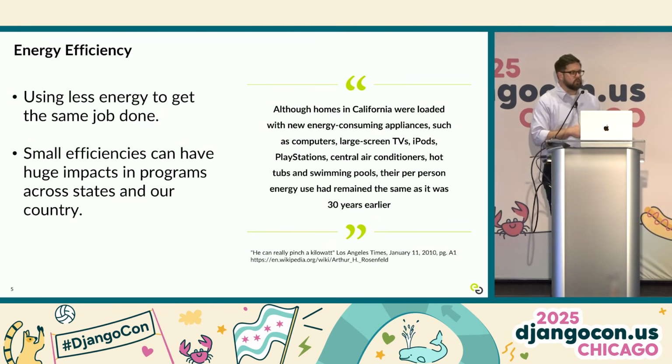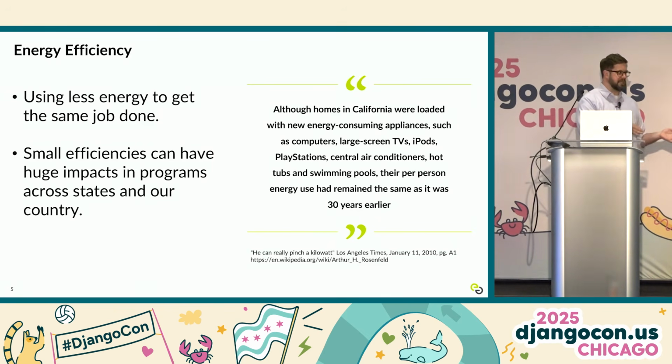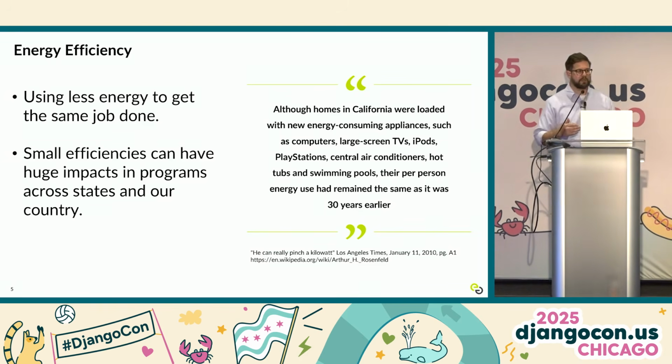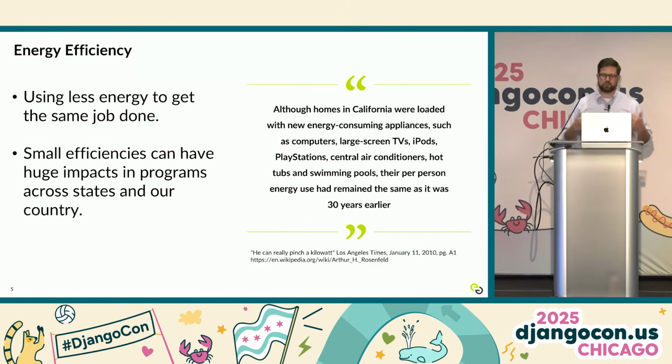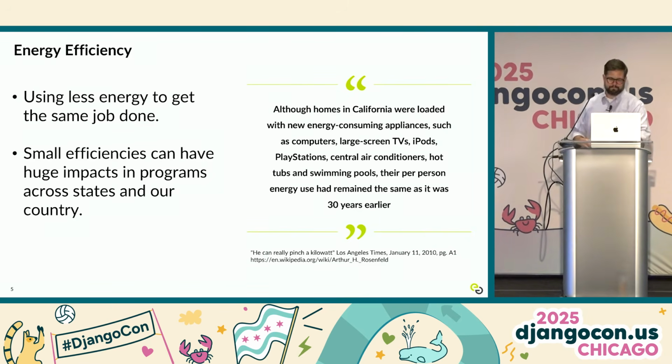And what we saw in his work is while other states were seeing energy demand rise and usage rise along with it, California saw a long period of energy use stabilizing despite rising demand due to larger appliances, consumer electronics, et cetera. So you can have a big impact when you incentivize energy efficiency at scale.